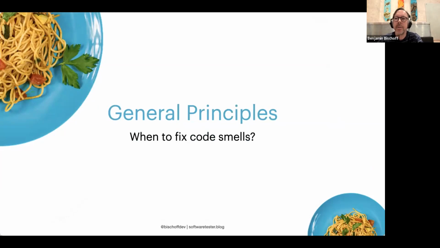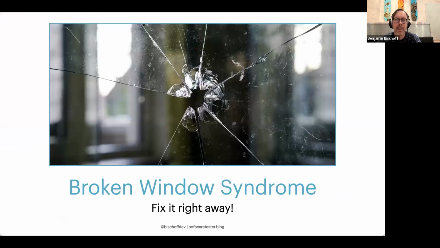And I want to spend 2 or 3 minutes, if I can, to go through some general guidelines of when to fix code. And my guideline is fix it right away when you see it. Because there is something that's called the broken window syndrome that refers to a house where a window is broken.